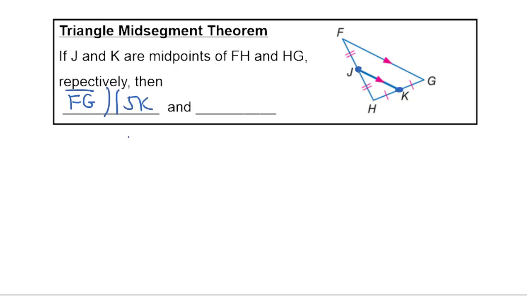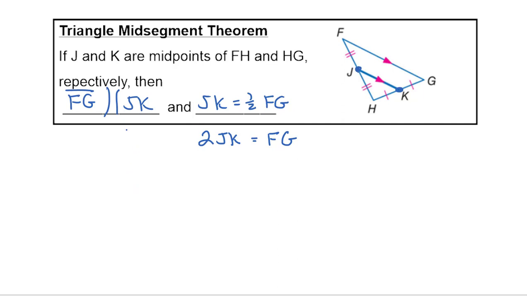JK is what we call the midsegment. The midsegment joins two midpoints of two sides of the triangle. And also, JK is half the length of FG. Said another way, twice JK is equal to FG.